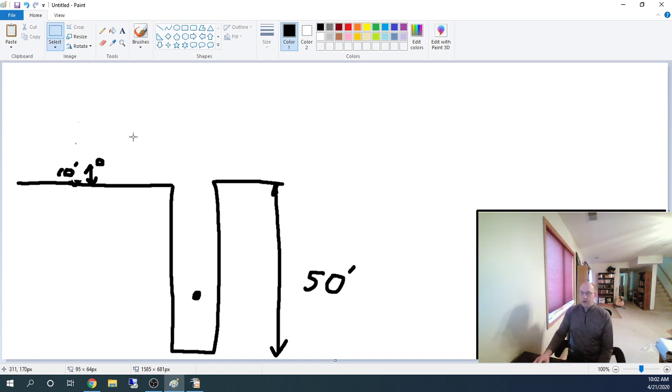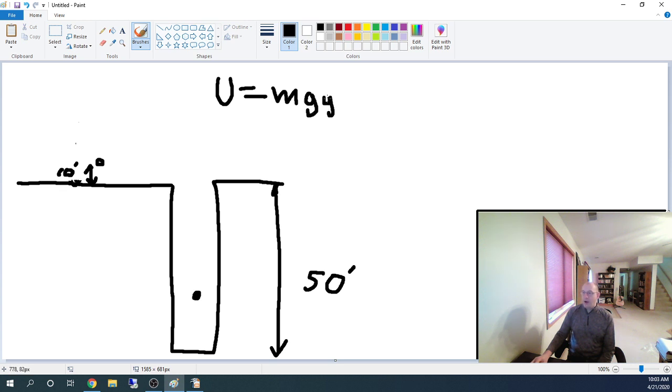All right. So their question was, which of the two objects has the larger gravitational potential energy? And remember that your gravitational potential energy formula is m times g times y.